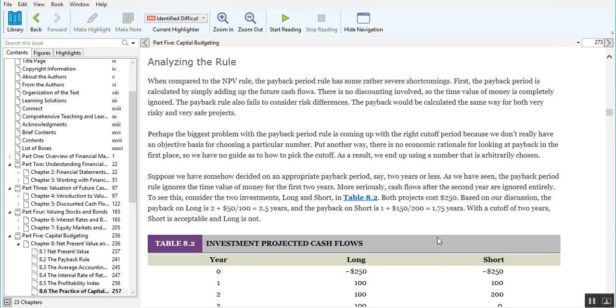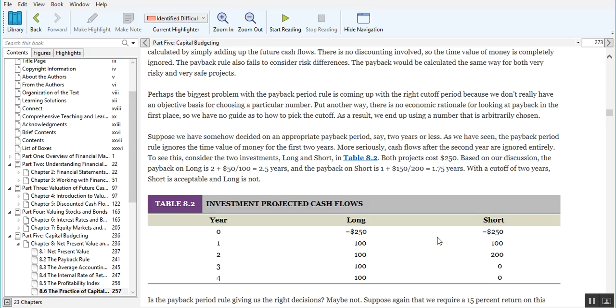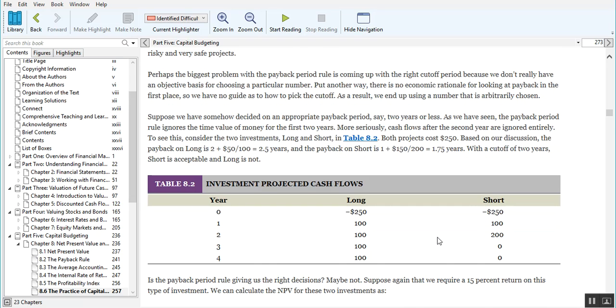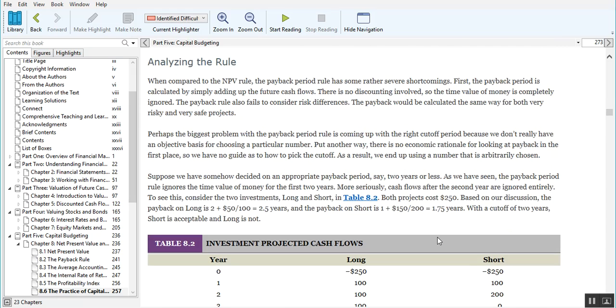Now, are there problems with this rule? Are there issues when we're looking at the payback periods? Well, one of the problems with payback is that we're really just looking at paying back the initial investment. We're not looking at income, and we're not considering the time value of money.